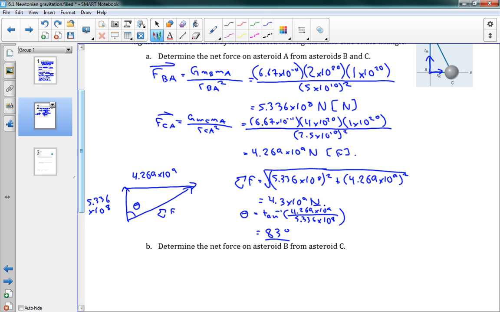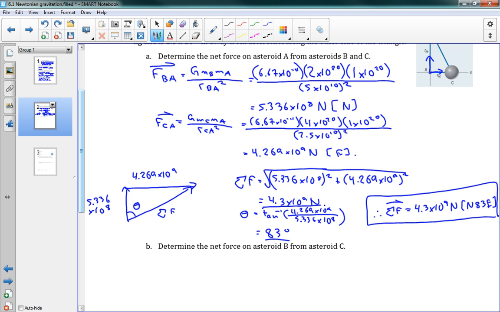We've got our two pieces here, and so then we can say, therefore, the net force is equal to 4.3 times 10 to the 9 newtons, and we'll say north 83 east. And there's our final answer. Cool.